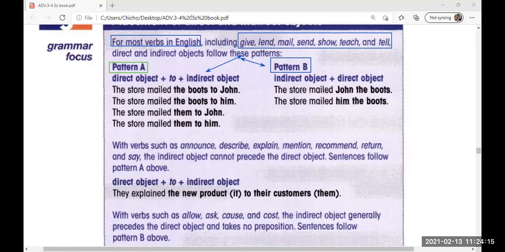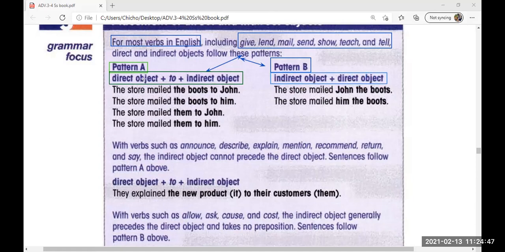Let's see. We are going to check the patterns. It says we have the direct object, then we have a preposition, and then we have an indirect object, because in some sentences we have not only one object, we have sometimes two objects. And here we have another pattern to follow. First we have the indirect object, and then we have the direct object.